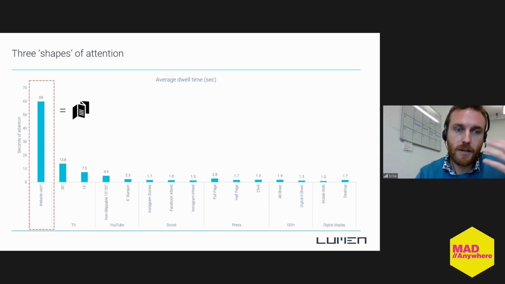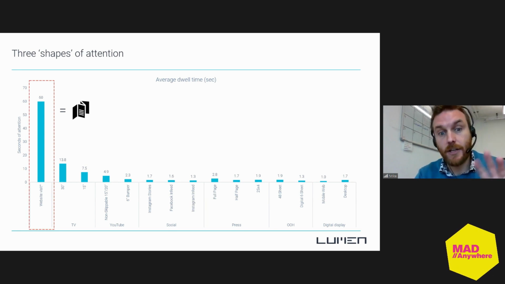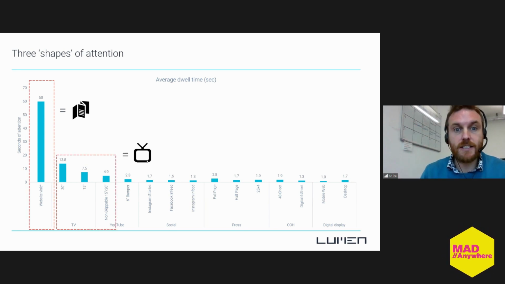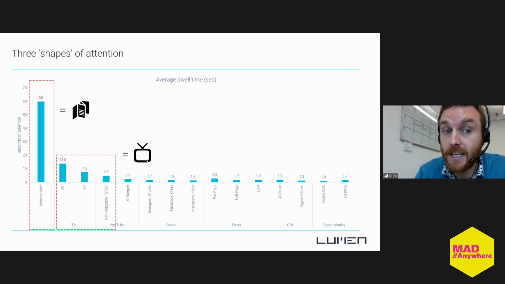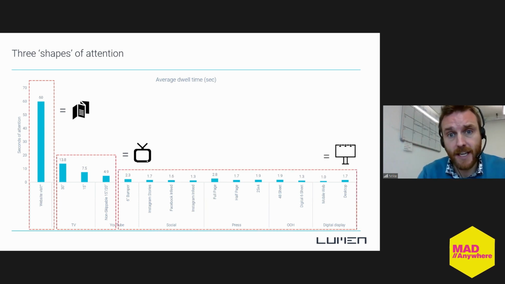However, you can compare this to a second shape of attention, which is a bit more like TV. On average, a 30-second TV ad might get you about 13.8 seconds of actual attention, and that equates to what's happening with YouTube as well. That's the second shape of attention. The third shape of attention is everything else.